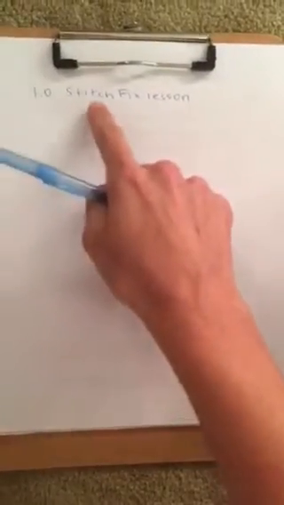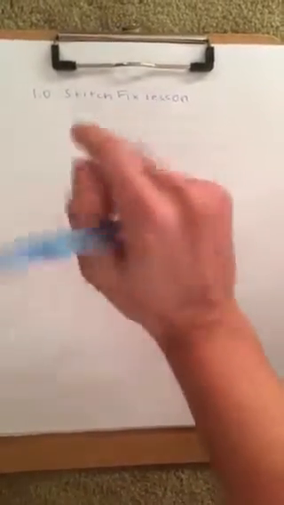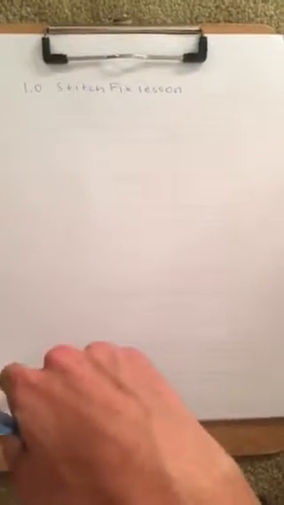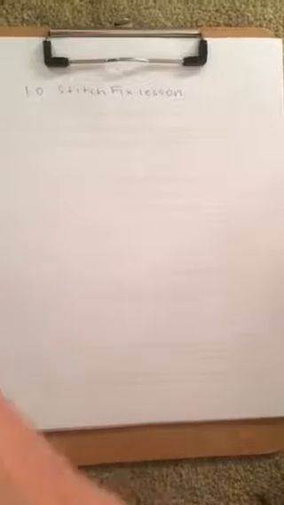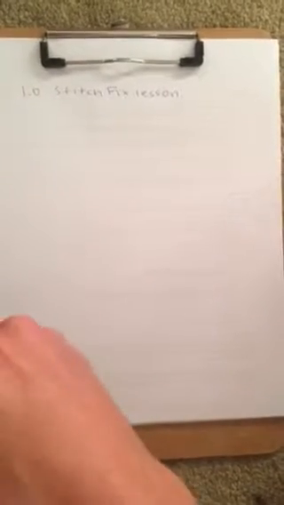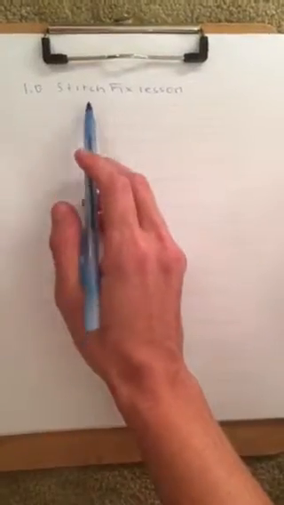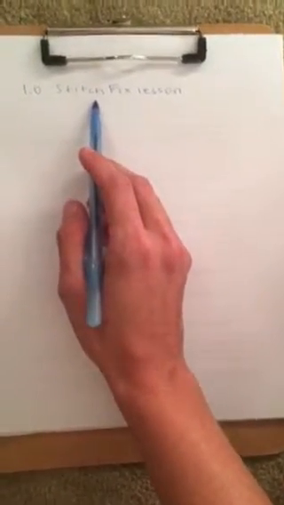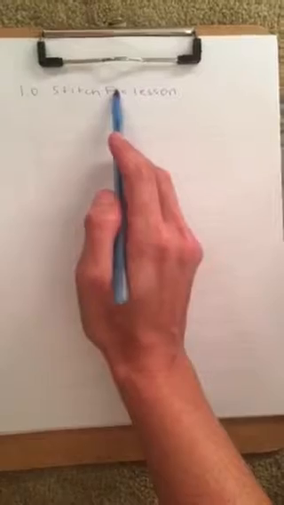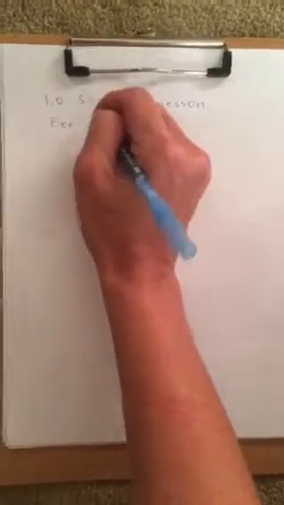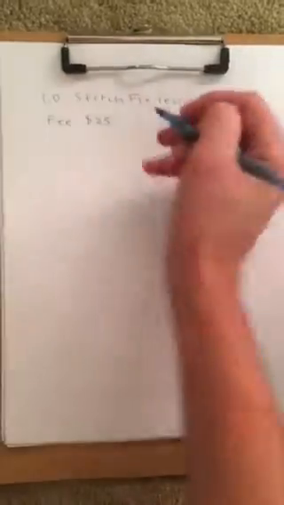But let me give you some background on this company. So this company, Stitch Fix, employs a person to pick out items for you based on a survey you take. And they charge a fee to be able to do this. So if you're getting one of these Stitch Fix boxes, you are charged a fee of $25.